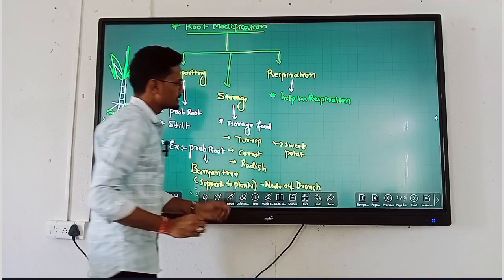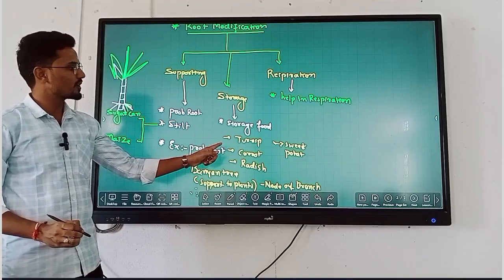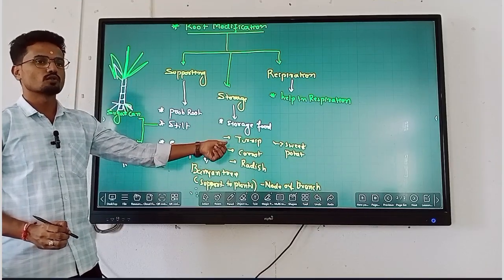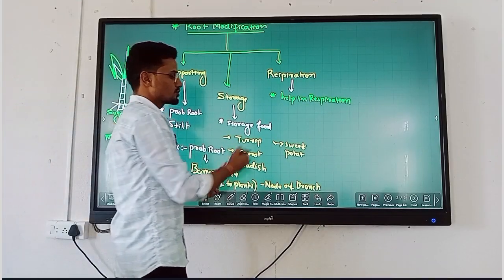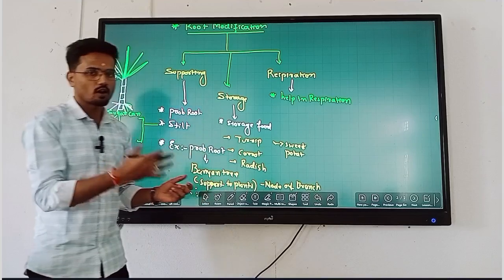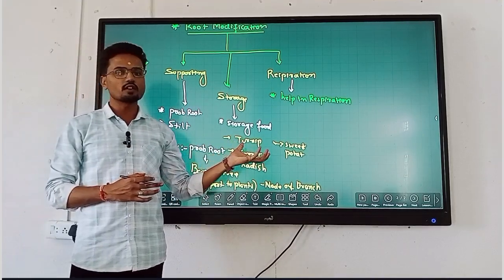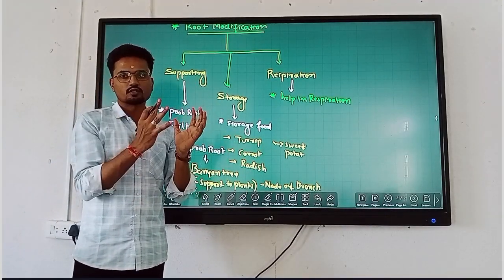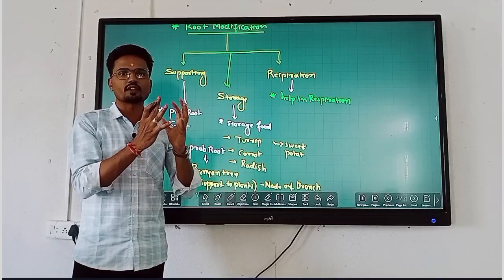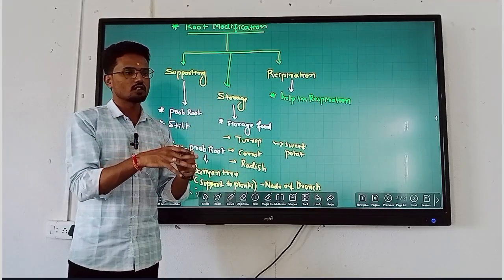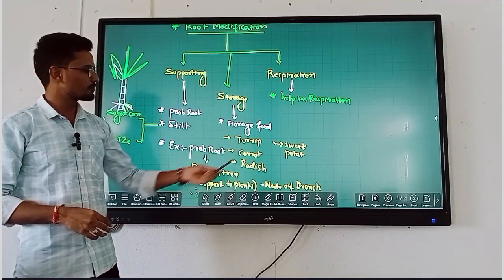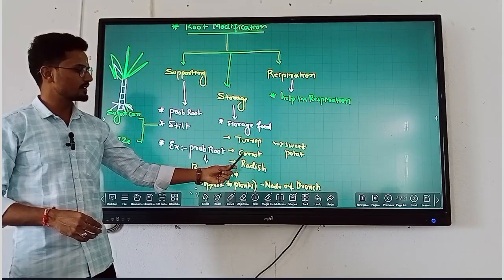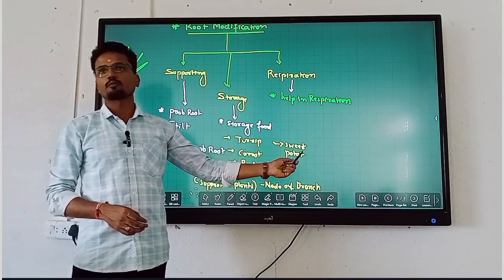They store food or starch in the root. They make themselves bulbous underground and store food.